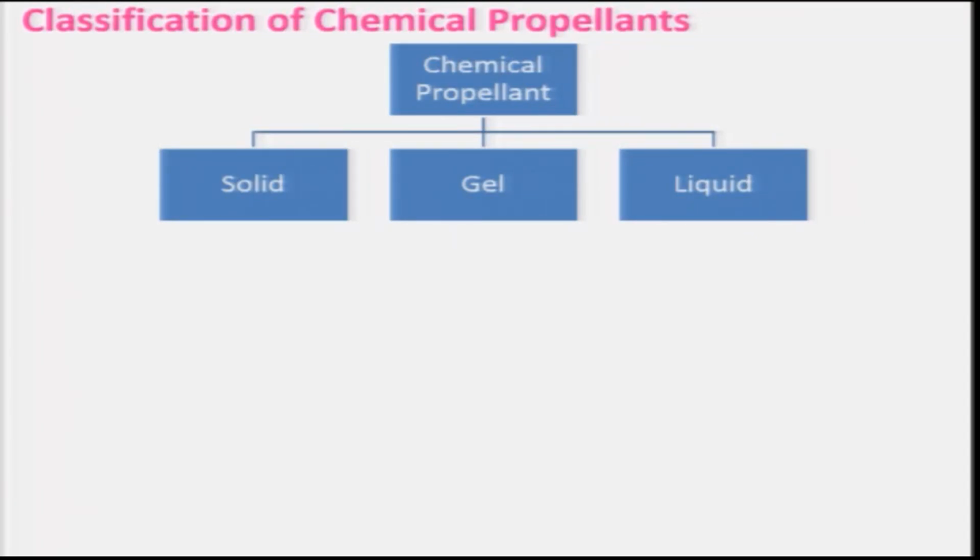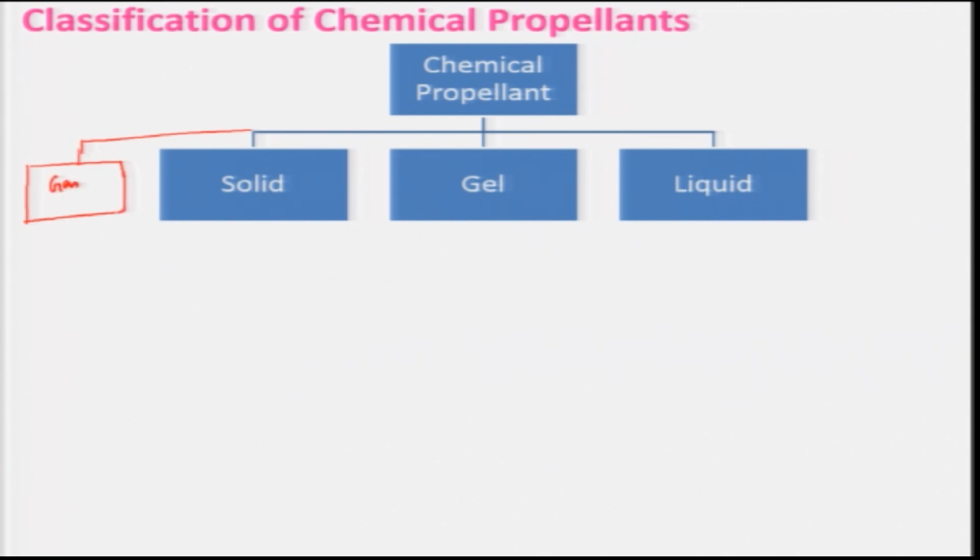So, if you look at these, chemical propellants can be classified. As I told, there are various kinds of propellants people have developed, so we have to classify depending on the physical entity: it can be solid, gel, gas, or liquid. It can also be high pressure gas.